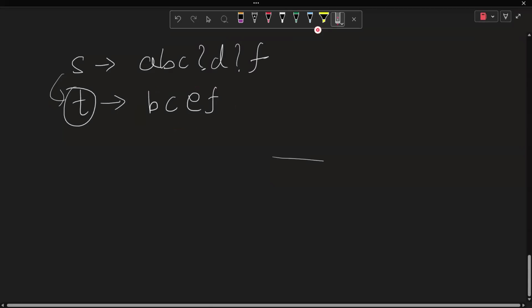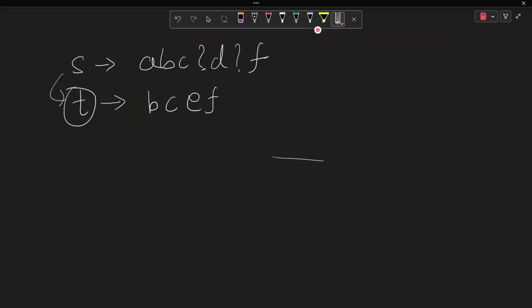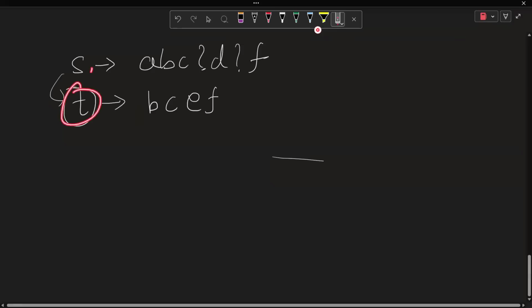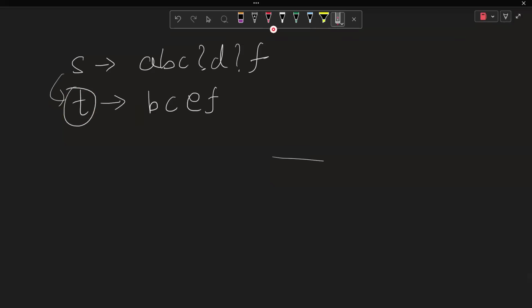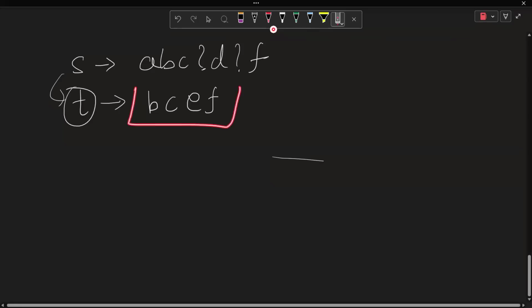So what we need to do is make T a subsequence of S. What does a subsequence mean? T should basically be like a subset of S, having the same order. Let's suppose in S we have A, B, D, C, E, D, F, something like that.